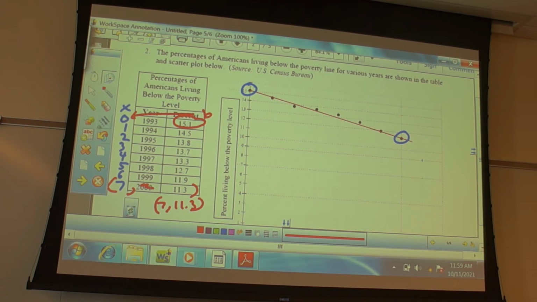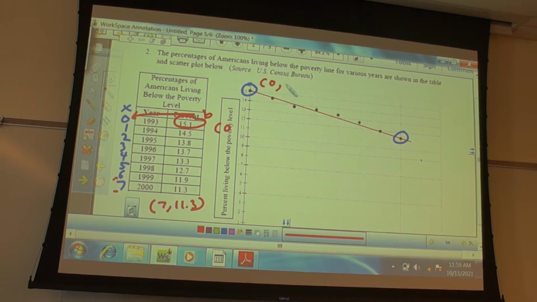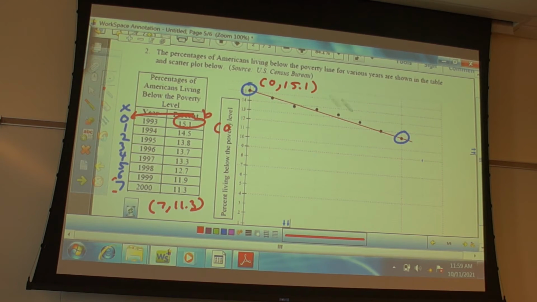That's my second point. Everybody on board with that part? So my first point is 0, 15.1, and this is 7, 11.3. Those are the two points I'm going to use to find my slope.